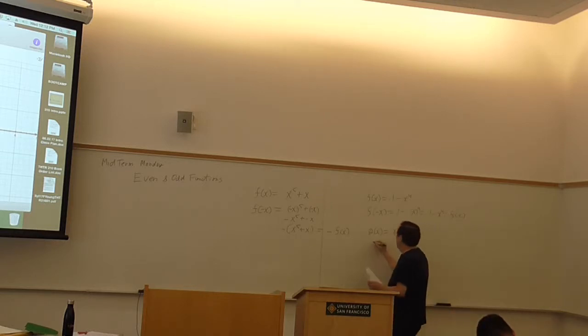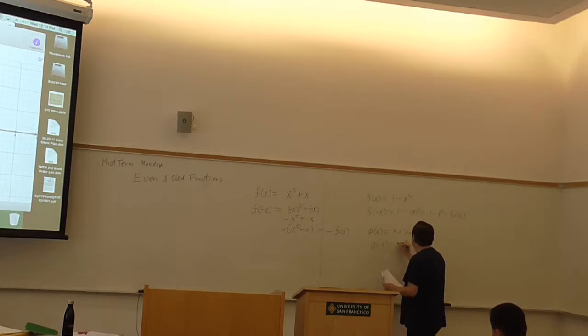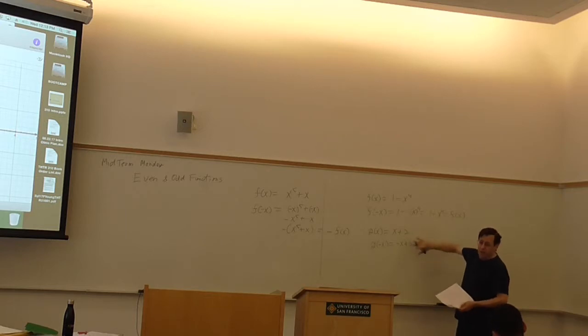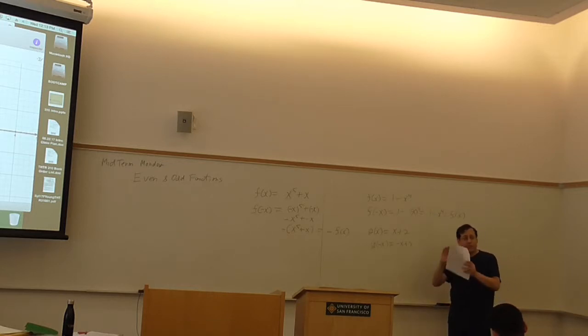Well, what's g of minus x? Minus x plus 2. Well, that's not g of x, and it's not minus g of x, right? So actually, odd functions and even functions, although we're going to run into them, they're a little unusual. They're very special. They have that symmetry that we talked about.